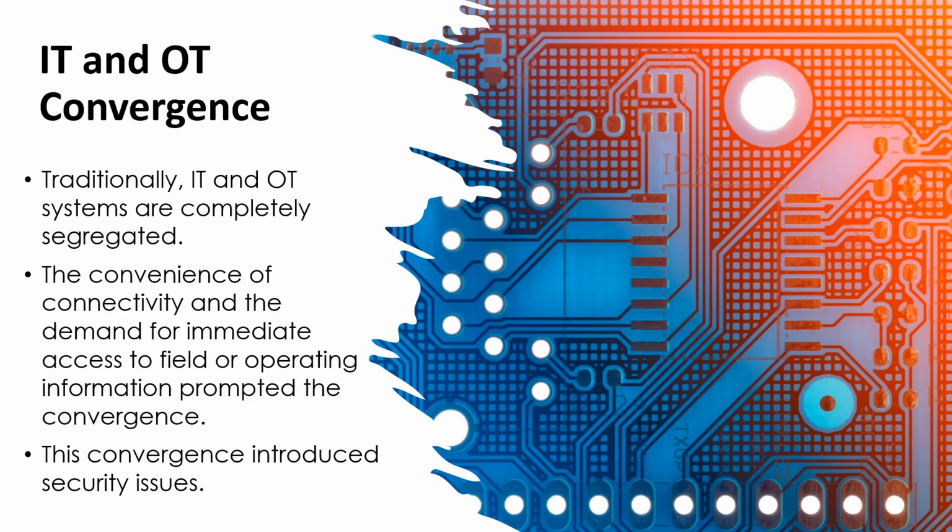The newly found convenience of connectivity and the demand by stakeholders for immediate access to field or operating information has brought about the combining of information technology systems with operational technology systems. While this scheme presents some advantages, it enables security issues that can have a major impact on the OT systems.